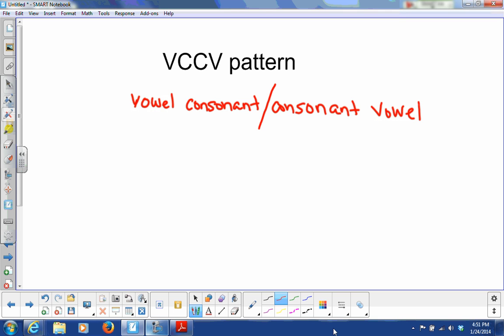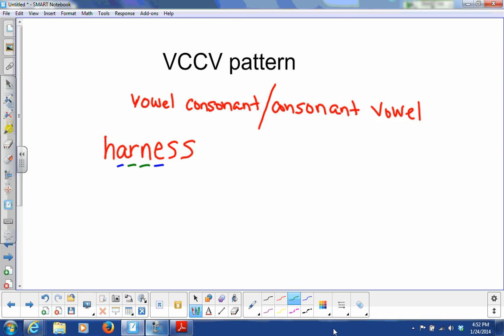Okay, so let's look at some examples. Let's look at harness. We have the vowel right there, and we've got the 2 consonants right here.